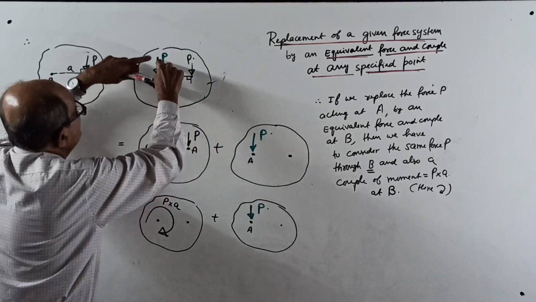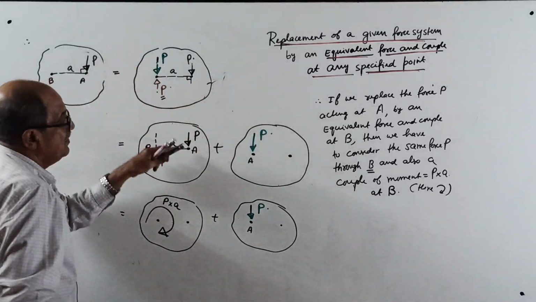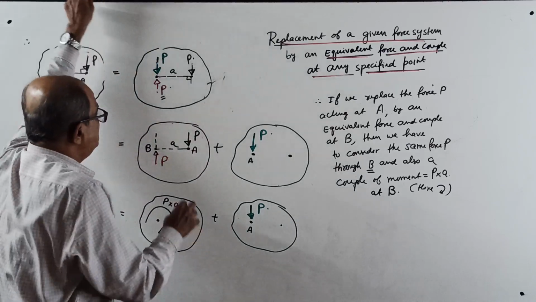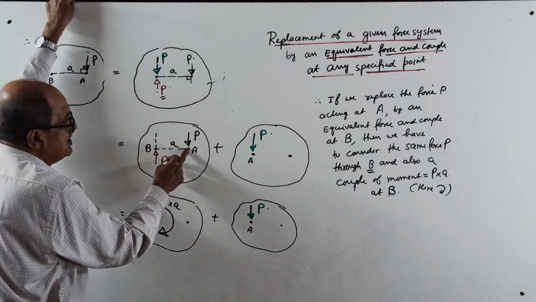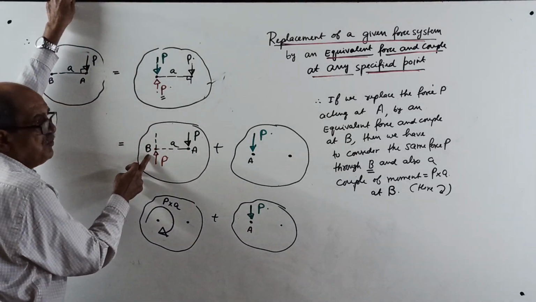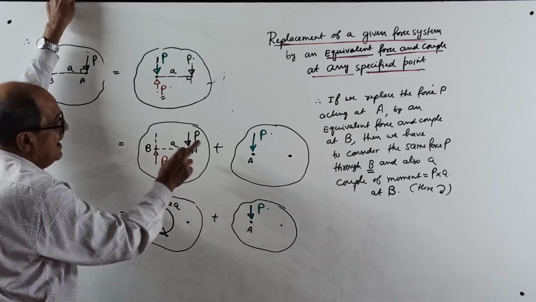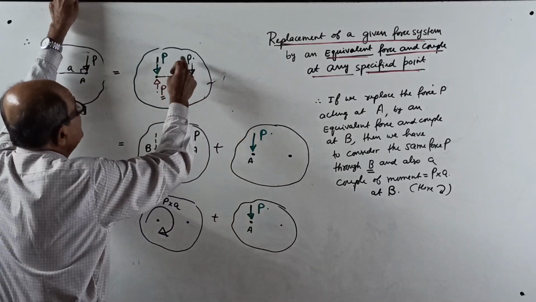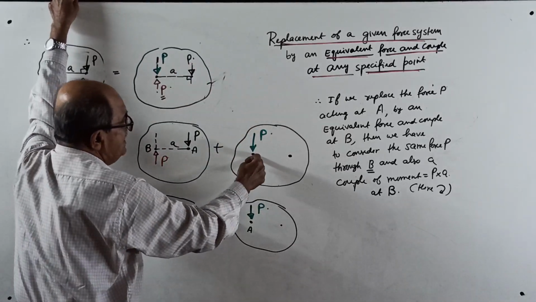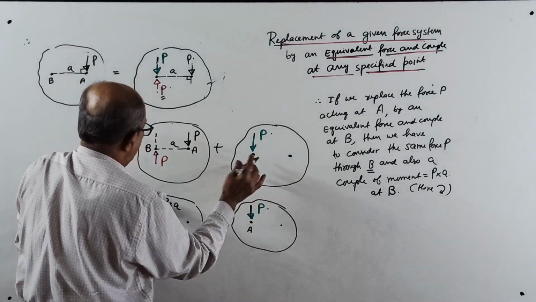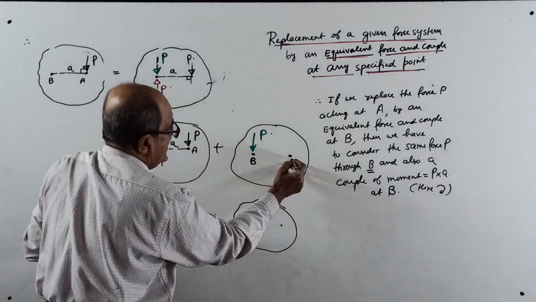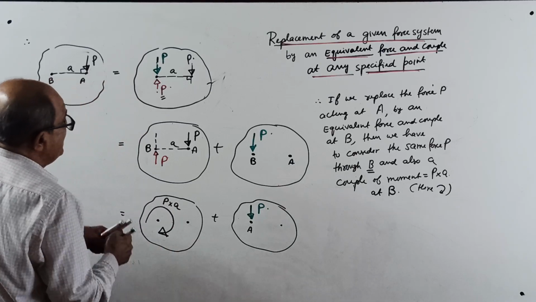Plus this P you have to consider. First you consider the original force at the original point P and the opposite force P at B, and then the force in the same direction as P through the point A. Sorry, this is B. This is B. This is A. Over.